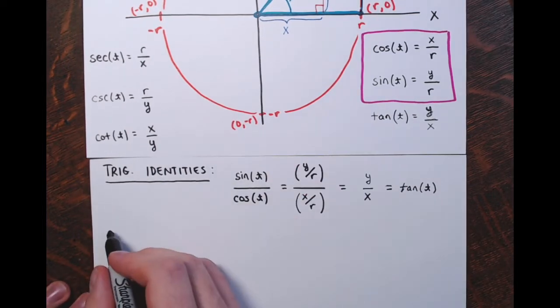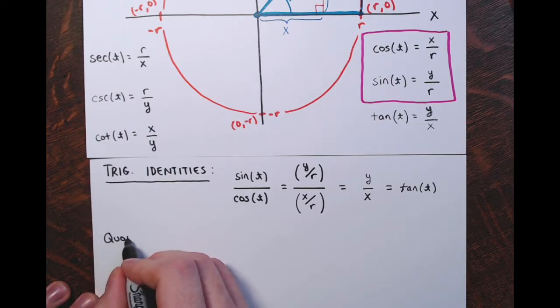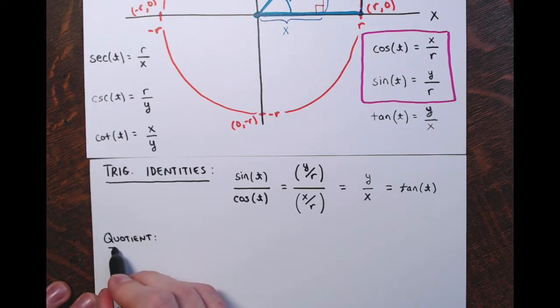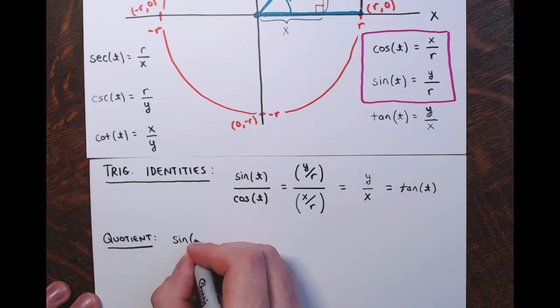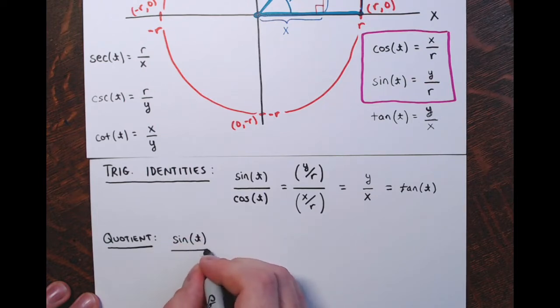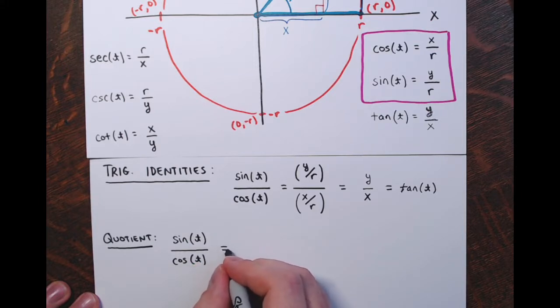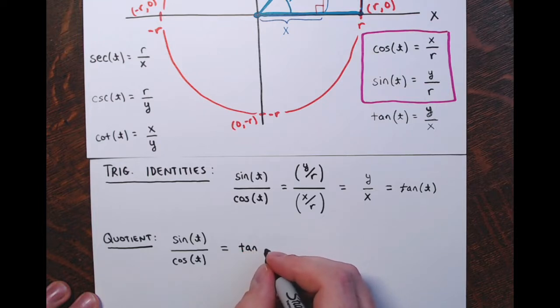So this is called a quotient identity. Now this doesn't come up until a later section, but I just wanted to bring it up now because it's one of the easier ones to pull out. So a quotient identity is, the sine of an angle divided by the cosine of that same angle will be equal to the tangent of that angle.